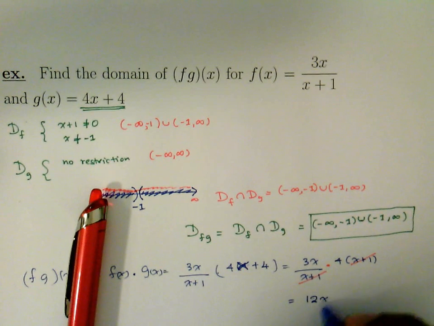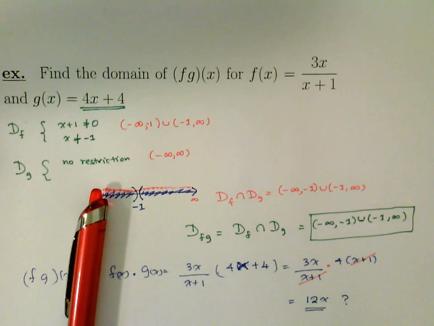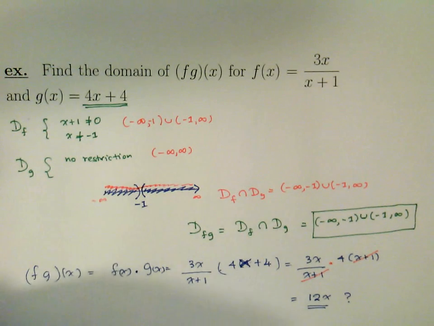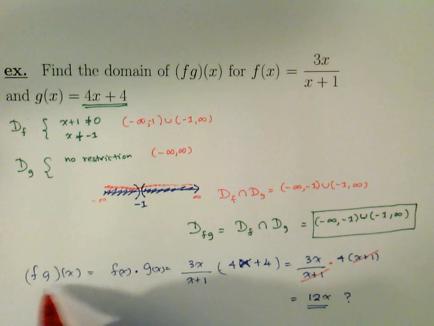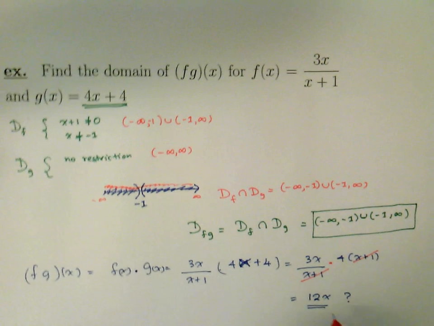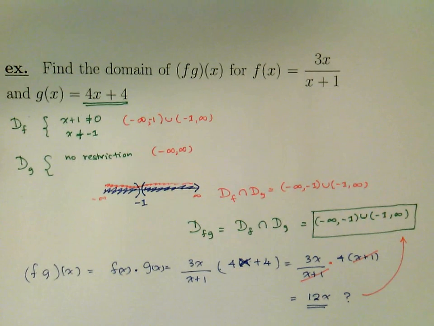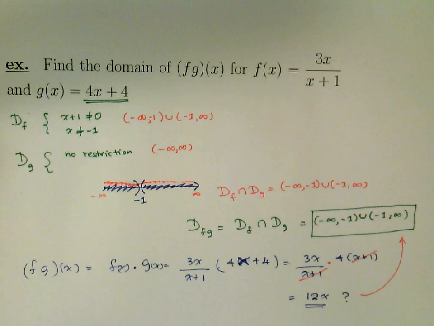Now if you look at this function and I ask you what's the domain, you would say it's all real numbers, but that doesn't really matter. What matters is it comes as the product of these two functions. If anything cannot go inside one of those functions, it cannot go inside here. So that context makes the domain this. It's not the domain of what you see, it's the intersection of the domains of the two original functions. That is very important. It's not the domain of that.